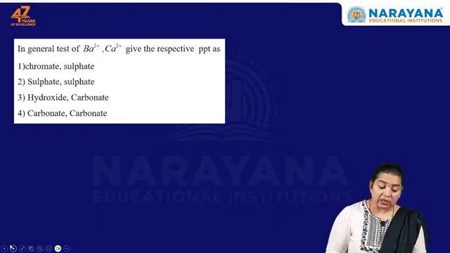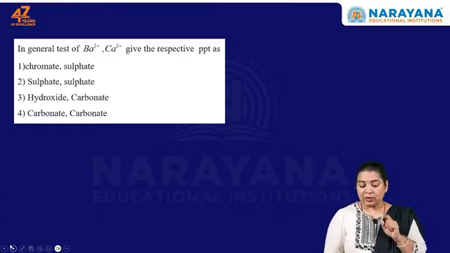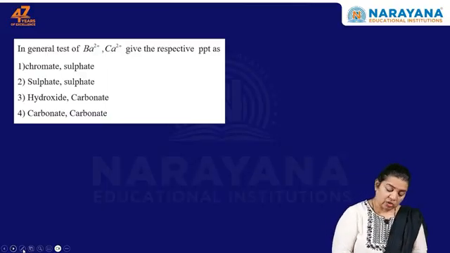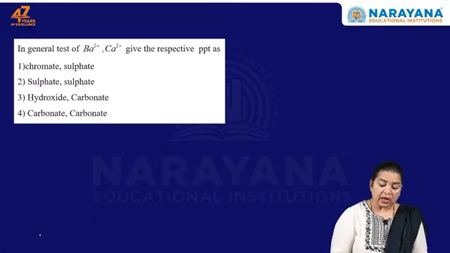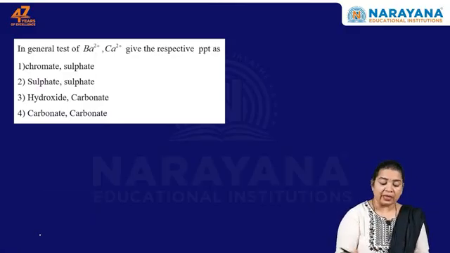In general, test of barium 2+, calcium 2+ give the respective precipitate. Now the point is, what is the general test?